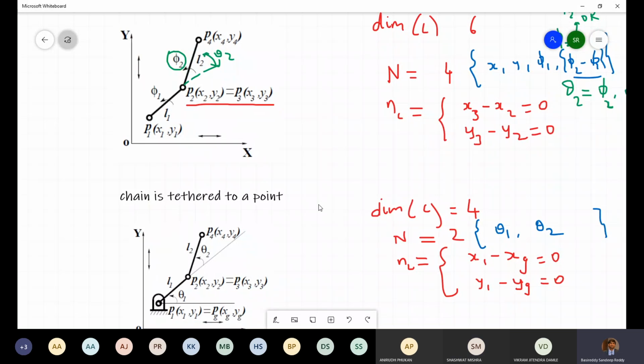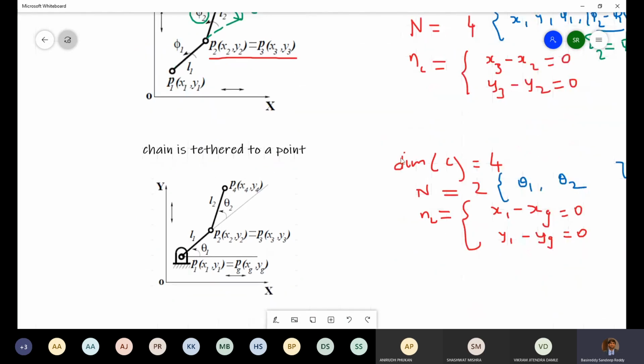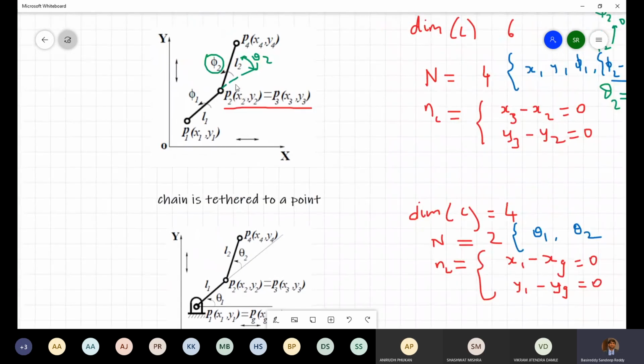You're right. If you write it that way, then yes, the dimension of C will be x1, y1, x2, y2, x3, y3, and x4, y4. So you will get 8, right? And for the constraint equations, you will get these 2 and another 4, so 6. So you're right. And finally, you will get n equal to 2. But I'm just trying to derive all of these from this figure only.